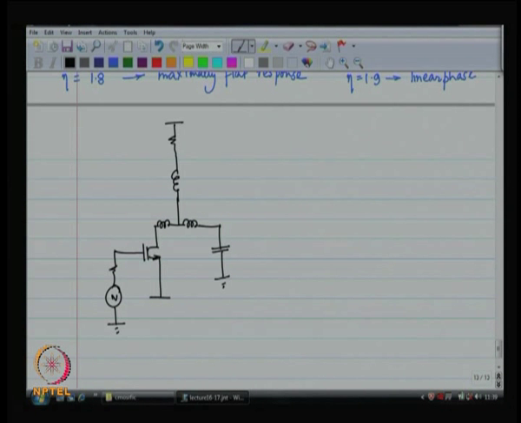Now, why would this perform even better? Let us quickly go back to our original. Our original was this, right. This was the very first circuit.